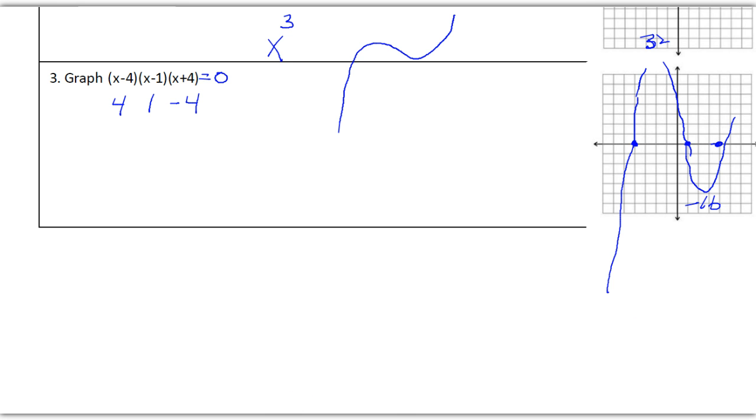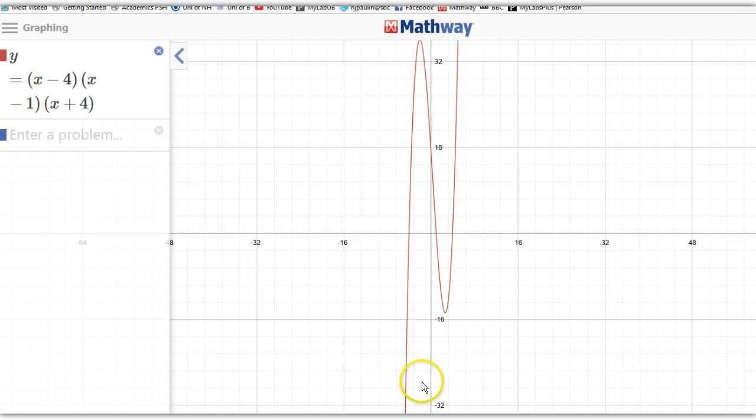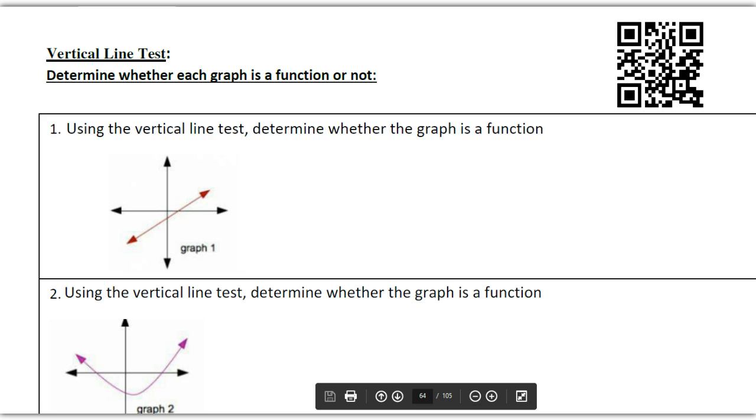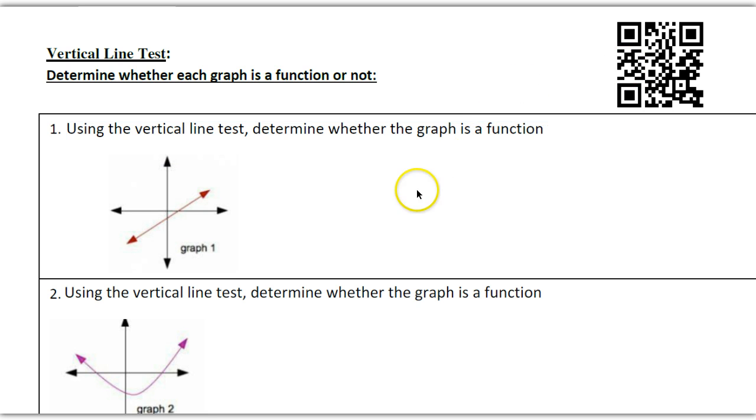Now let's take a look at it on our super graph here. Okay, I put it in, y equals this, and this is the shape. Keep in mind you can just scan this into your cell phone and check out the little videos that the Math Zone team has prepared.